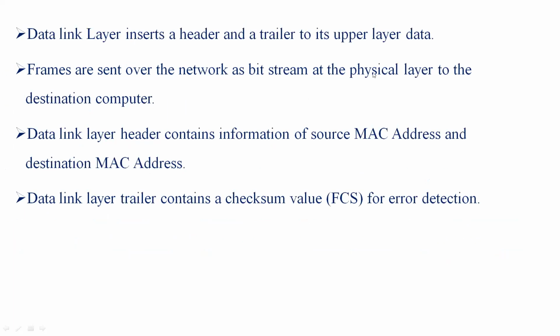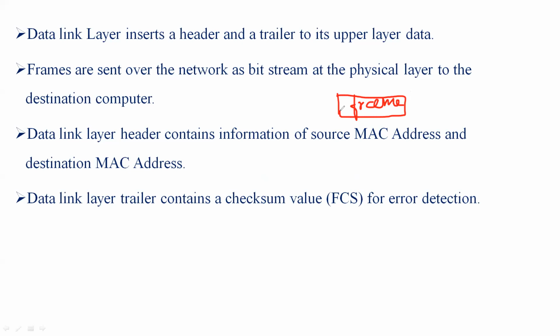This data link layer inserts the header and trailer to its upper layer data. As I said, by using TCP/IP we're going to create a frame. We create a frame by using the data link layer.